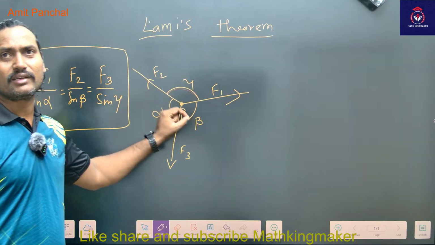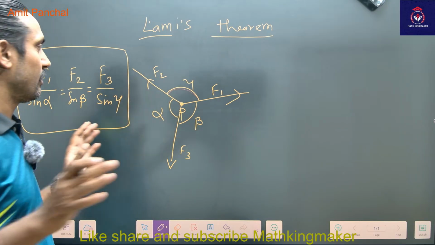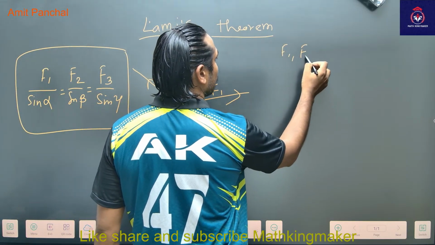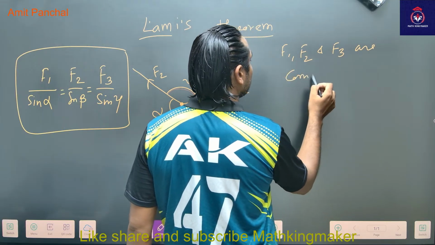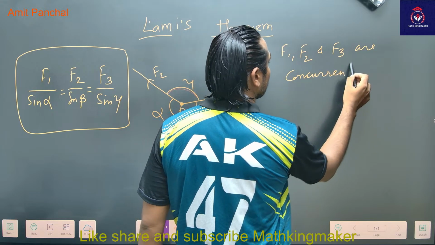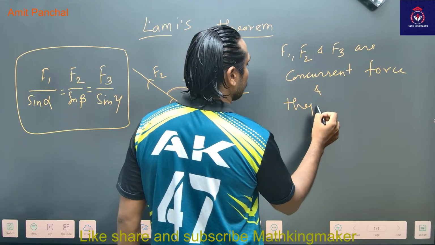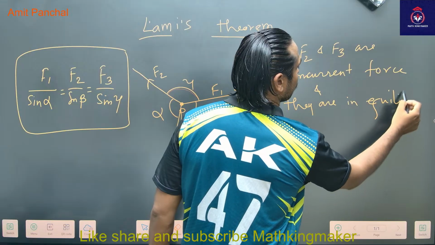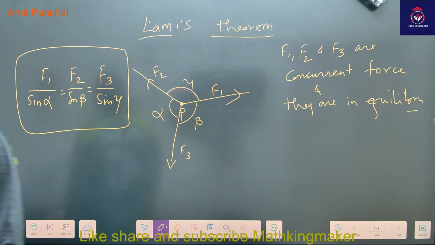These are three concurrent forces and they are in equilibrium. So, F1, F2 and F3 are concurrent forces and they are in equilibrium. Then Lami's theorem stands. They must be concurrent and in equilibrium.